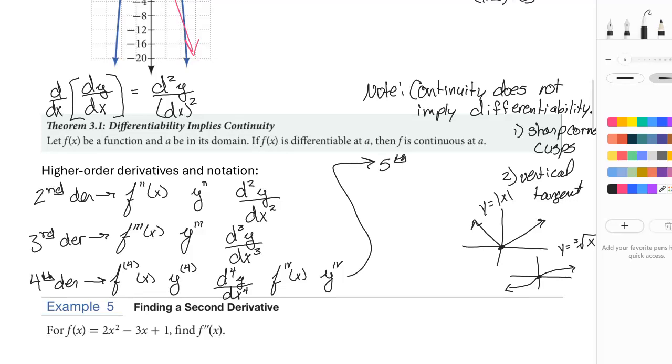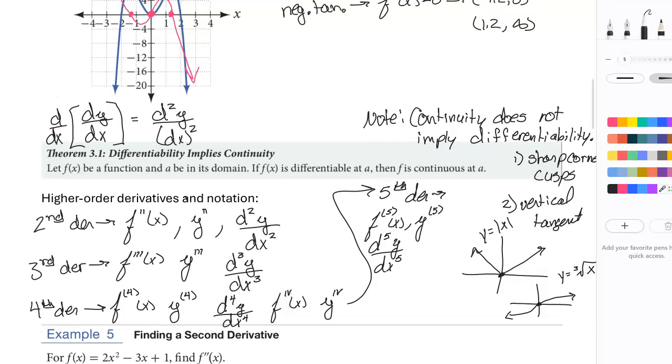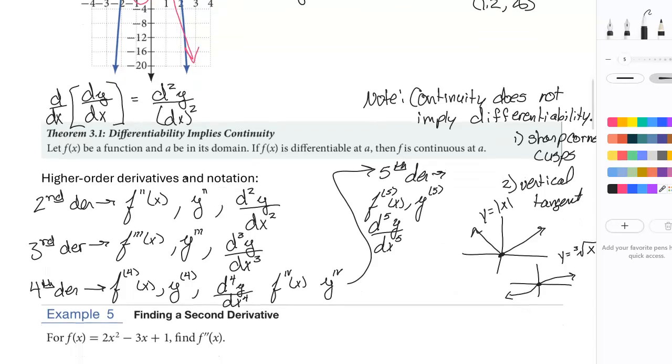So just to show you what the fifth derivative would look like, we would have f to the fifth of x, or y to the fifth. That's showing that it's a derivative, not an exponent, because of the parentheses around it, or d5y over dx to the fifth. Either one of those would mean we have a derivative to the fifth order.